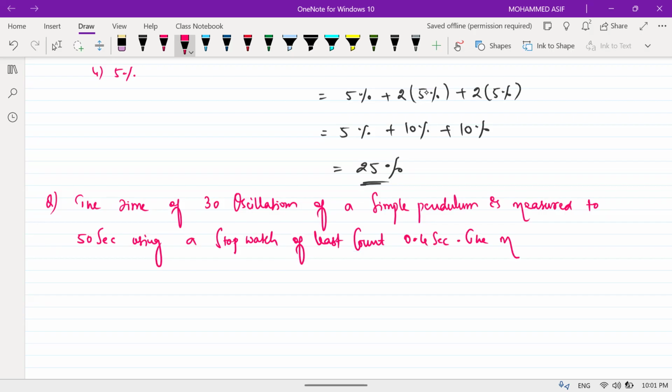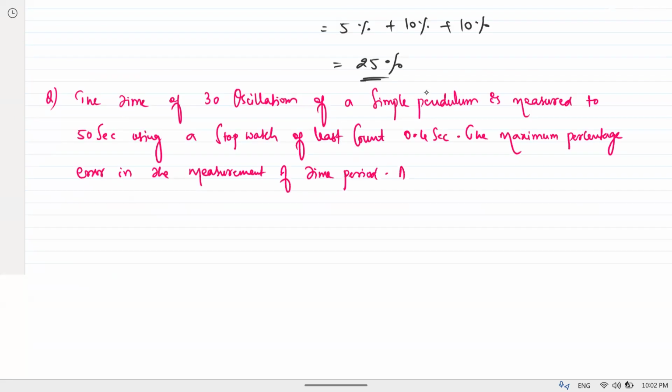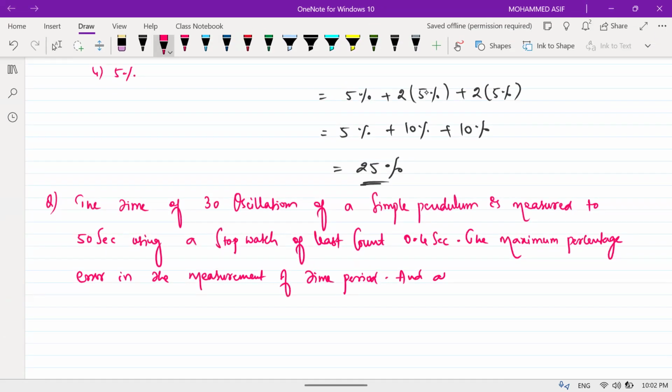The maximum percentage error in the measurement of time period. Okay, and also find the absolute error in time period.